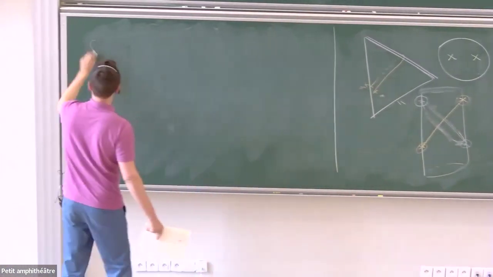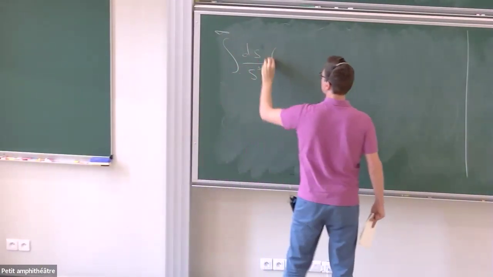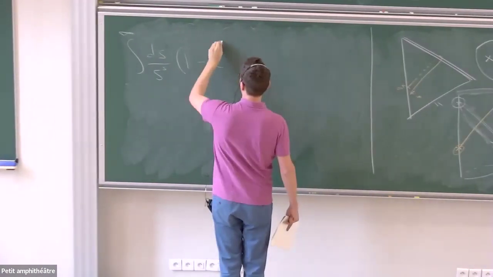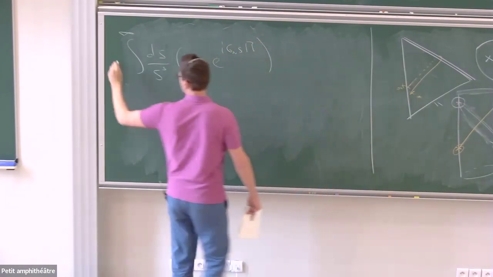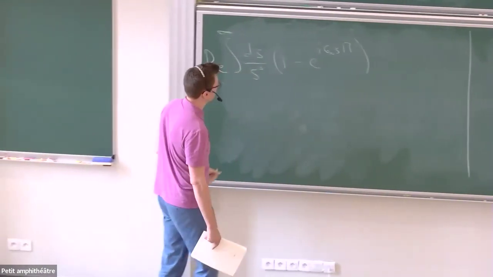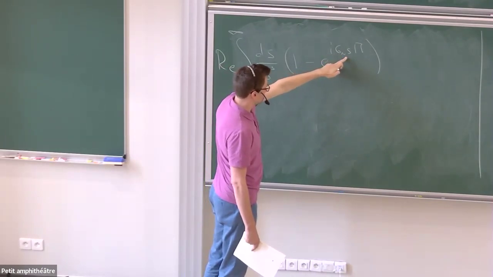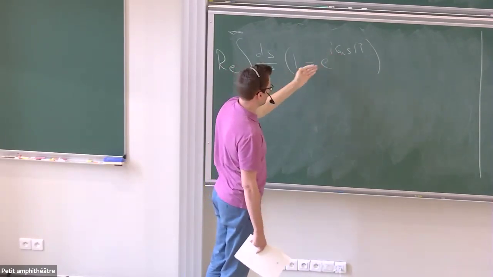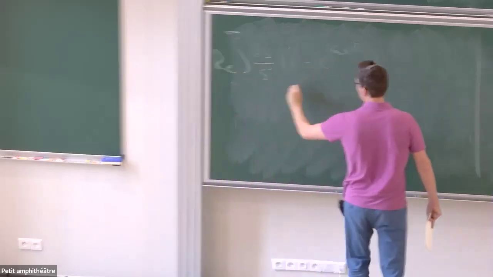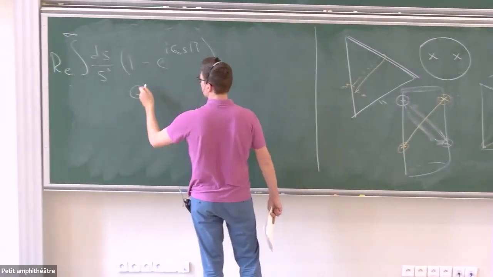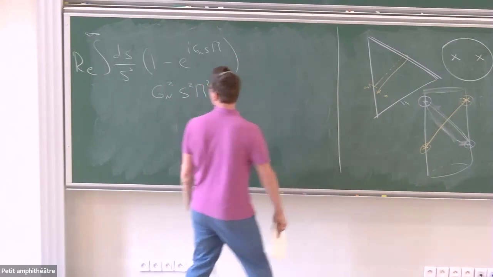We have dS over S cubed, 1 minus e to the i G Newton S times some function. And here we need to take a real part. So the first term, linear in G Newton, is exactly imaginary if we expand this. But the second term naively produces for you G Newton squared S squared phi squared.